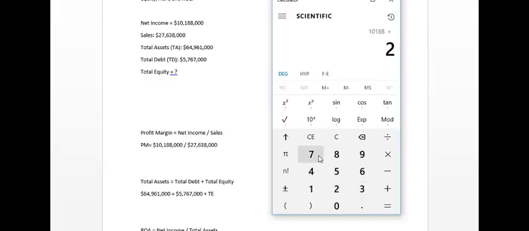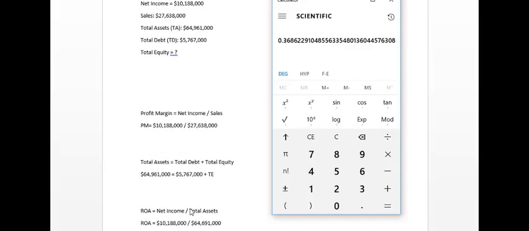Divided by 27,638 gives me a 0.3686 number. Well, that number is 36.8, or if you round up, 36.9%. That's our profit margin. Our profit margin is 36.9%. Whatever way you like to do it, or your instructor has you do that.